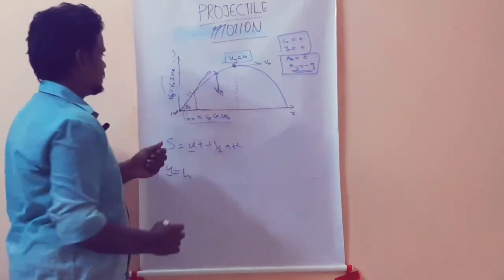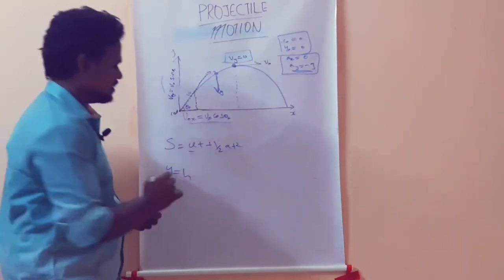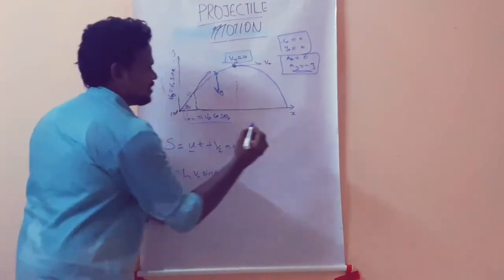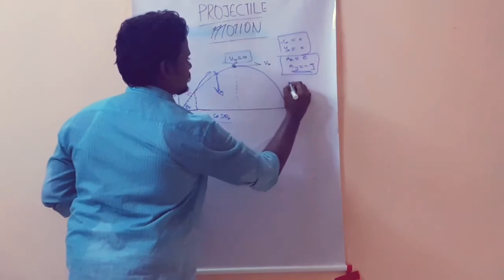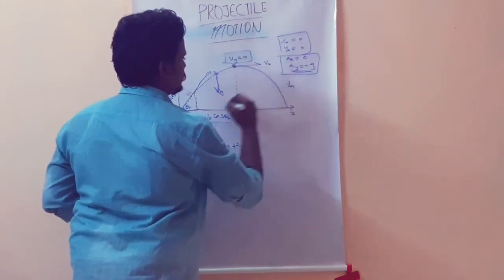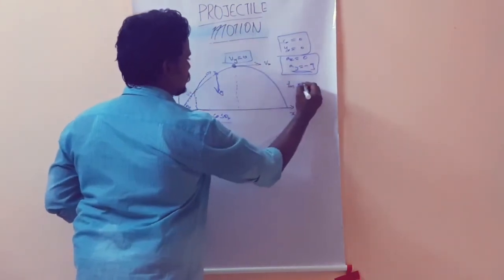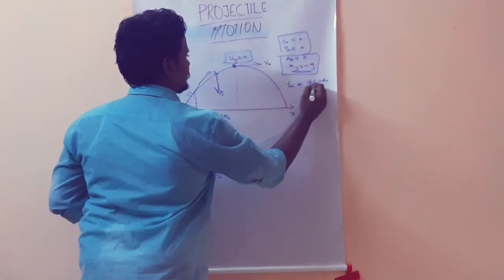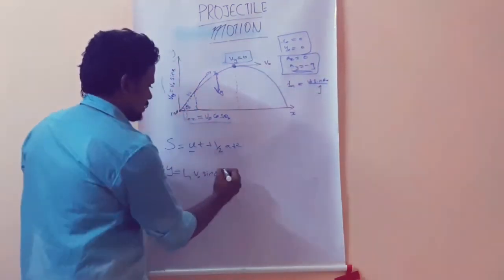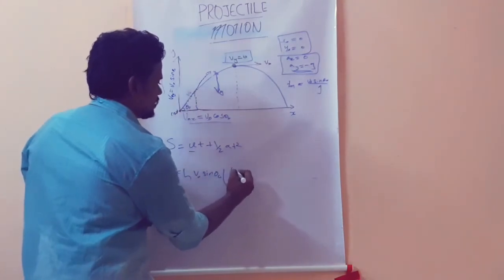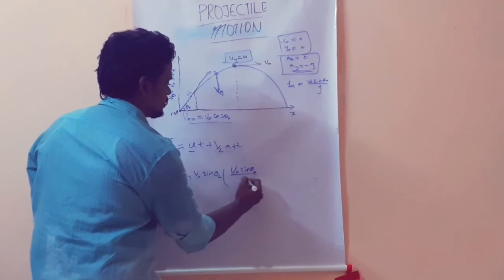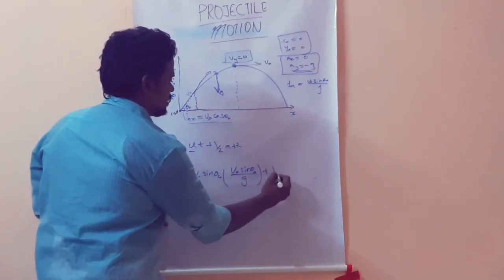The initial velocity in the y-axis is v naught sin theta naught, and the time taken to reach the maximum height is Tm equal to v naught sin theta naught divided by g. We are going to substitute here v naught sin theta naught divided by g plus half.